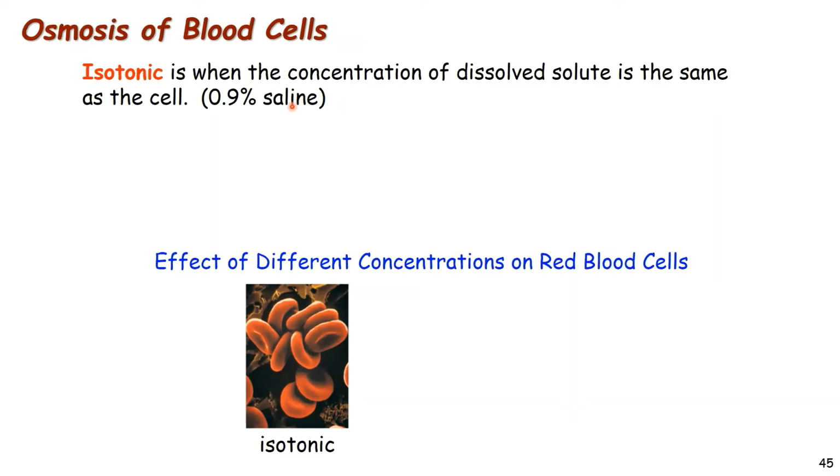They say saline, we'll just say sodium chloride. It's other ionic compounds as well, but it's 0.9% saline. So in that case, the water is basically flowing into the cell at the same rate that the water is flowing out of the cell.